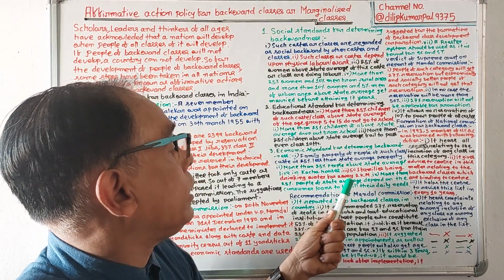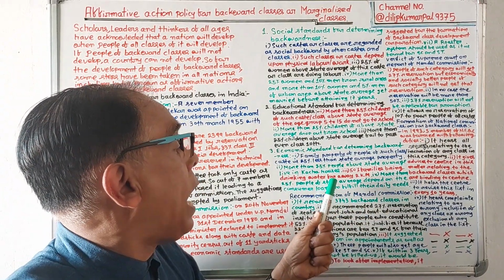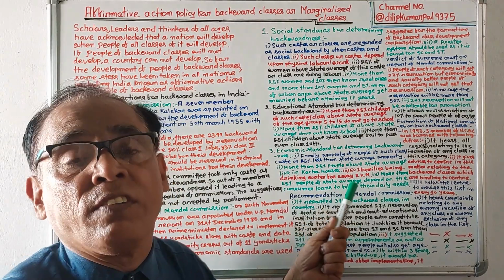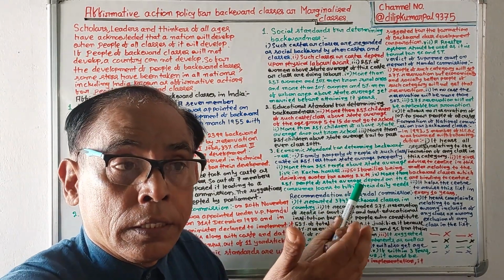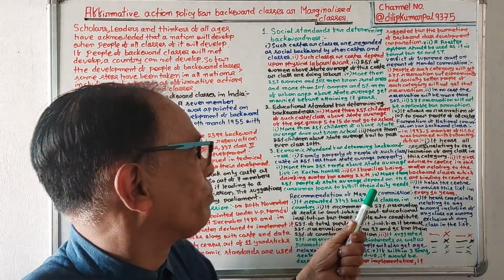Number 3, 50% of families of this class bring drinking water from far away, more than 2 kilometers.